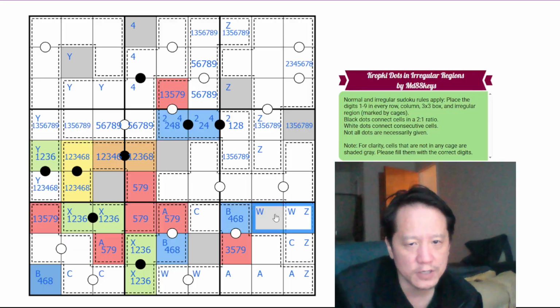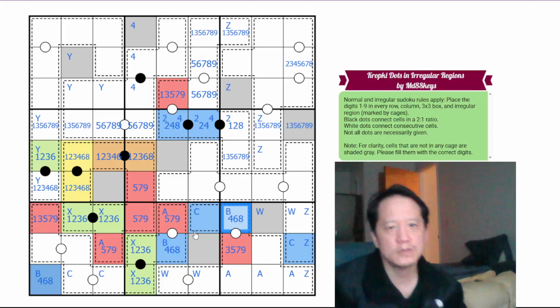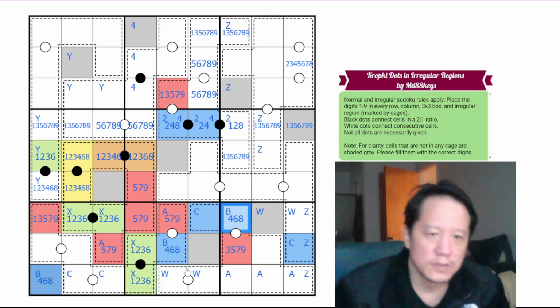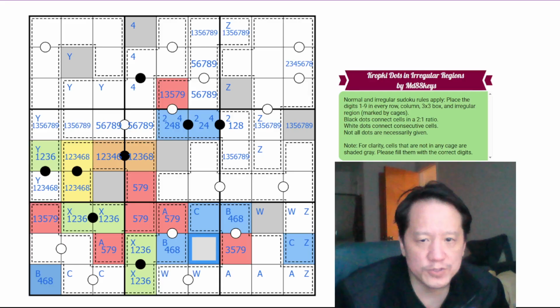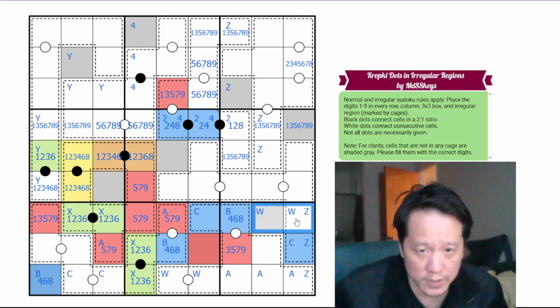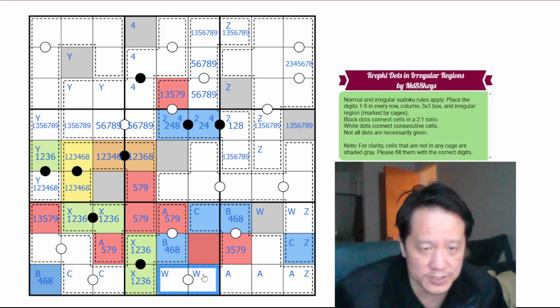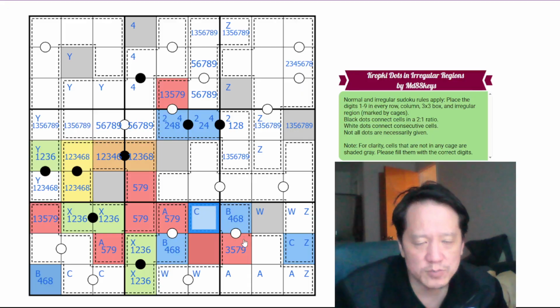This is one odd and even here because it matches those. So this must be even. So this is even, which forces this to be even. Therefore, this must be odd here, because again, this is an odd-even pair. So we have odd, odd, odd, odd. That's four odds. One of these is going to be odd because they match these two cells. So this must be even here.